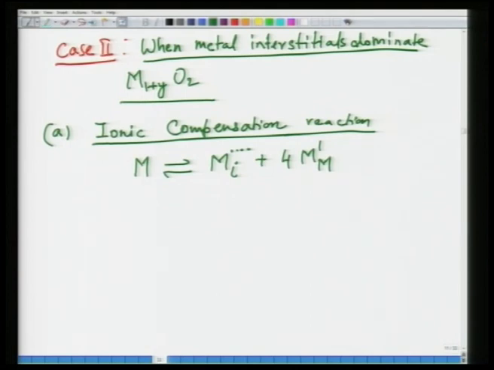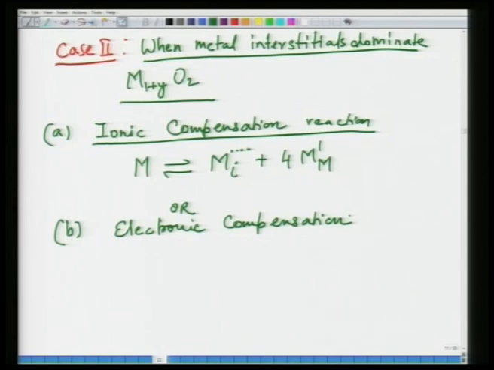So, this is ionic compensation, or electronic compensation. Electronic compensation is similar, easy: Mi plus 4 electrons. So, this is the electronic compensation reaction.